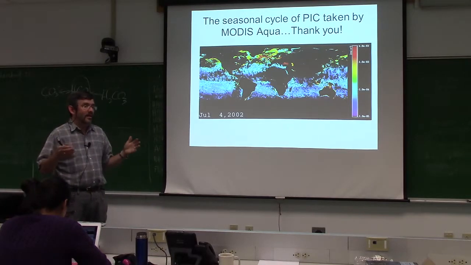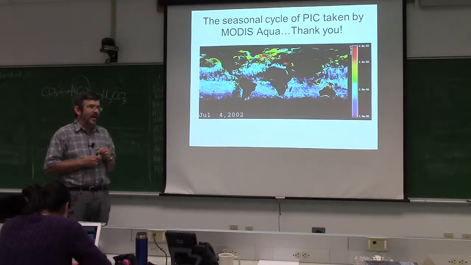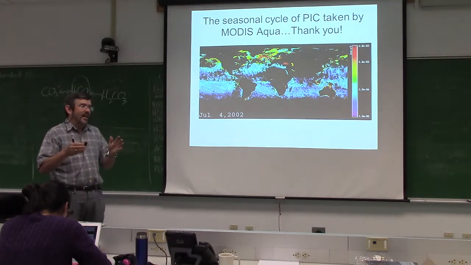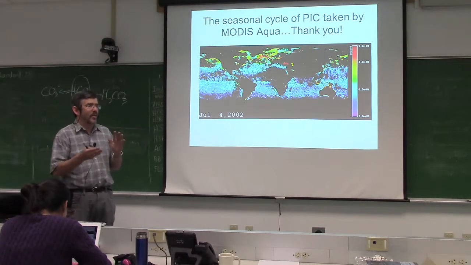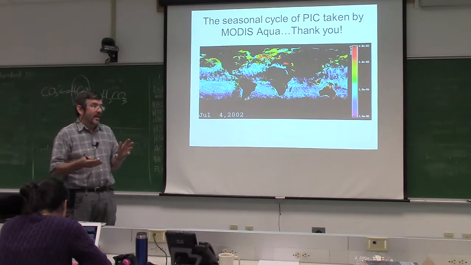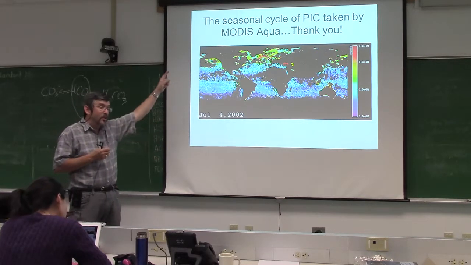visible channel, which we kind of bootlegged and used, and we had a quasi-atmospheric correction. We'd subtract out one of the infrared channels, and we were able to visualize that little movie loop I showed you.